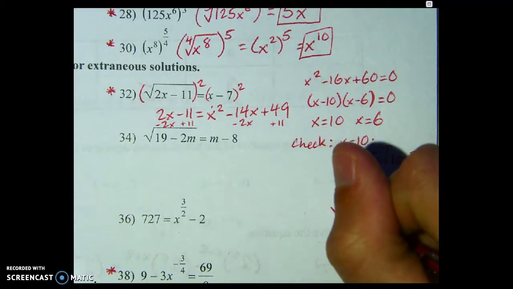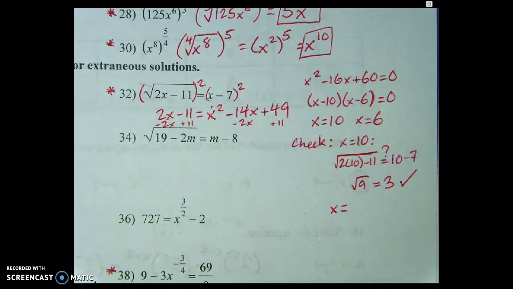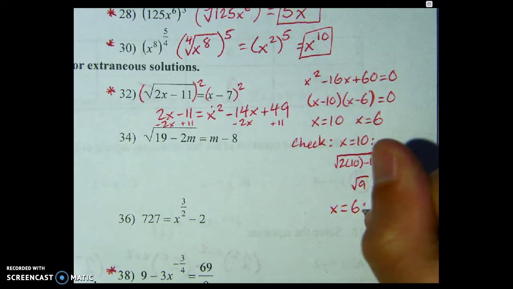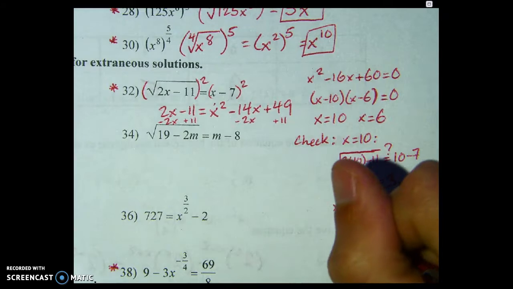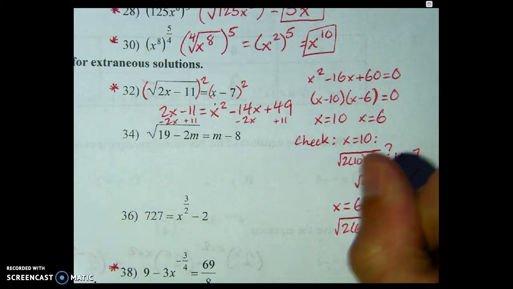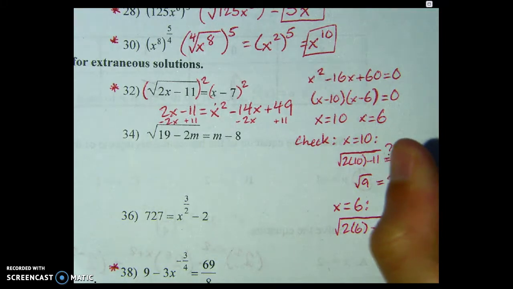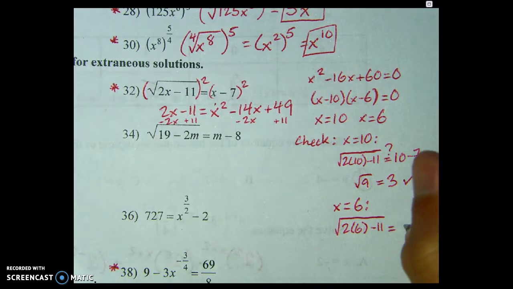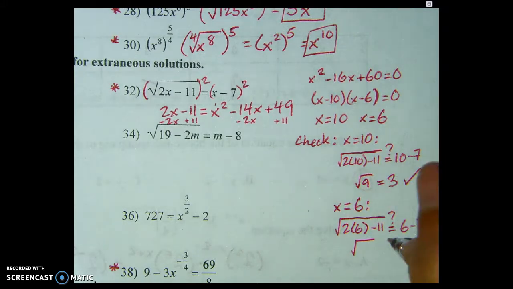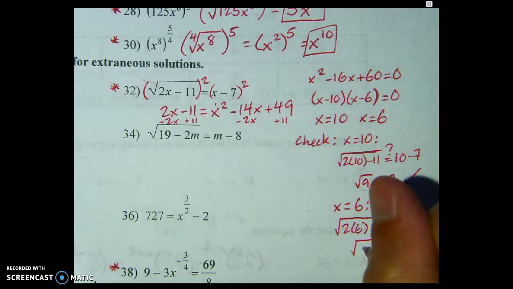Is x equals 6 also good? Let's see. If we check x equals 6, we get the square root of 2 times 6 minus 11 equals, with a question mark, 6 minus 7. Well, we know 2 times 6 is 12, and the square root of 12 minus 11 is the same as the square root of 1.